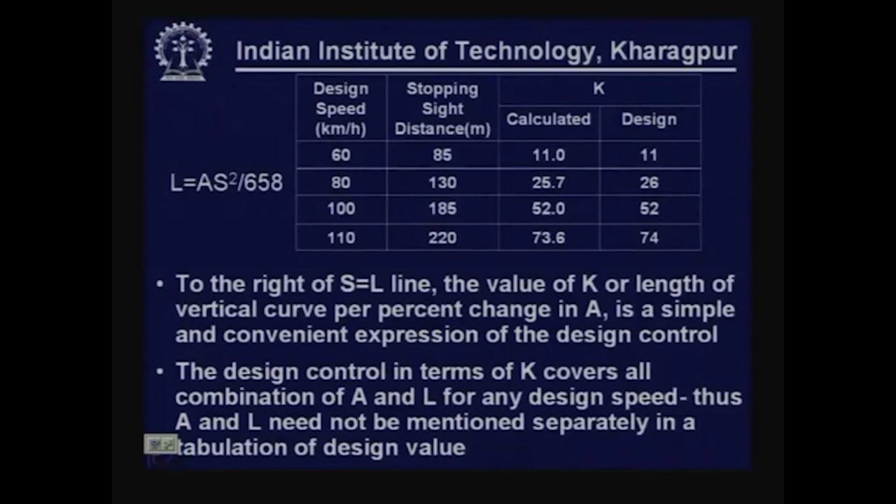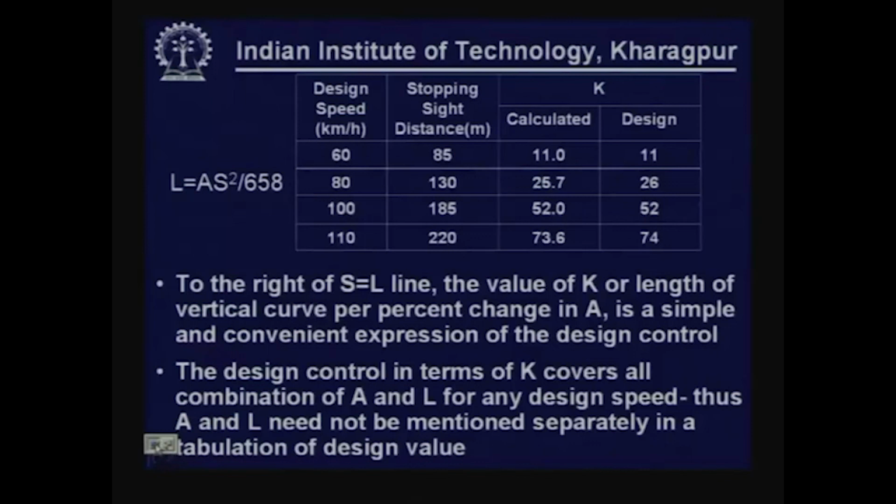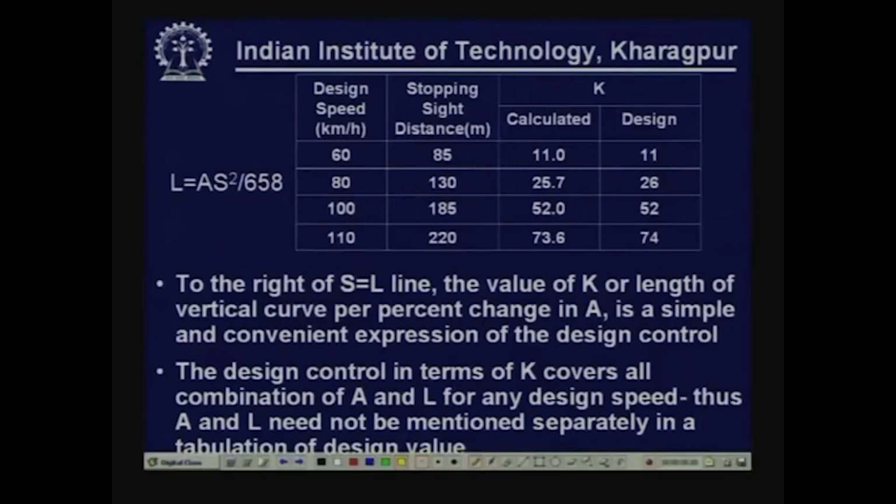Now, once the stopping sight distance is known, that means this S value is known. So, if we know this column, then we can also calculate this value.